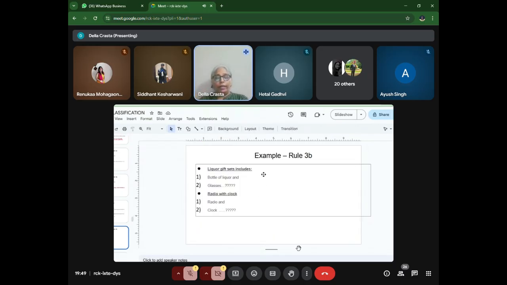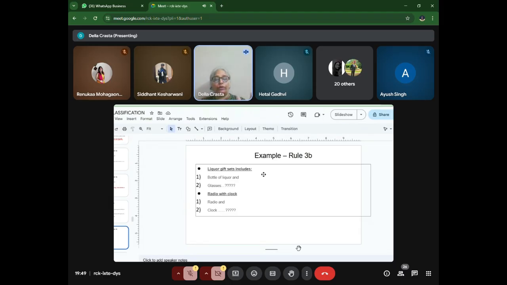I think I had just mentioned this example in some session. If there is a bottle of liquor, and there are glasses along with it, so we are talking about a set over here now. So there is a bottle of liquor, and then there are, say, maybe 3 or 4 glasses along with it. So the entire thing makes a set, a gift set.